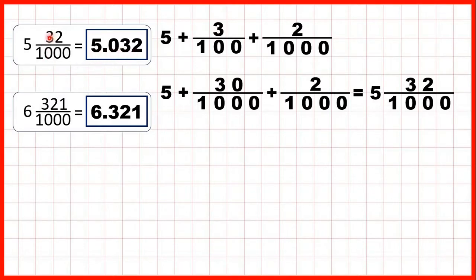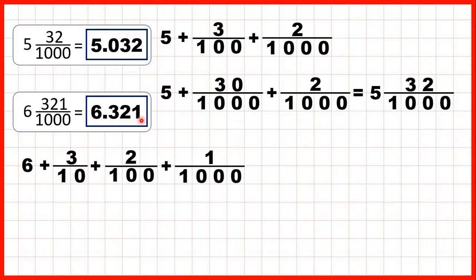It's because 30 thousandths is the same as 3 hundredths. Then we had 6 and 321 thousandths, and that was equal to 6.321. If we break down this number by its place values, we have 6 ones, 3 tenths, 2 hundredths, and 1 thousandth.